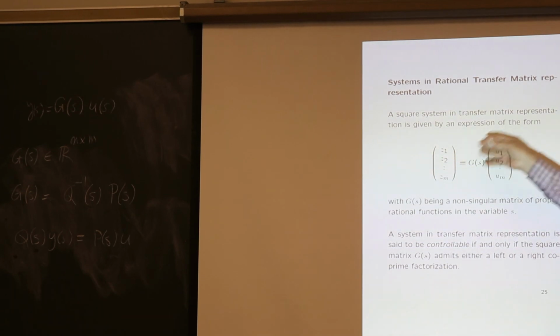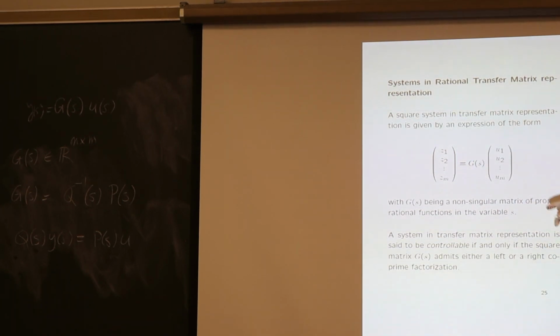And the second condition, the transfer function in each element of G has to be a proper rational transfer function. That means the degree of the numerator never exceeds the degree of the denominator. This is a proper rational transfer function in the complex variable S.